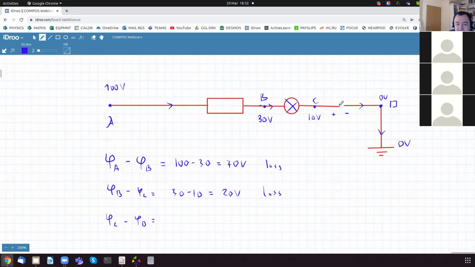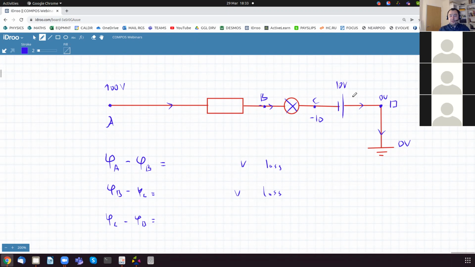Let's say the battery is like this. So I have to change these slightly. Sorry. So this is EMF. Let's say it's 10 volts. But if this is 0, that means this has to be negative 10, because the battery provides a potential difference.